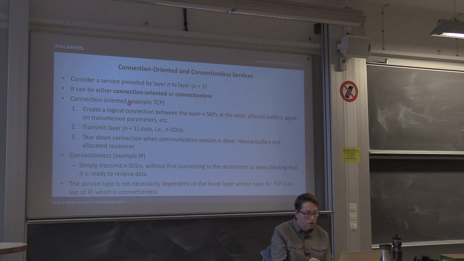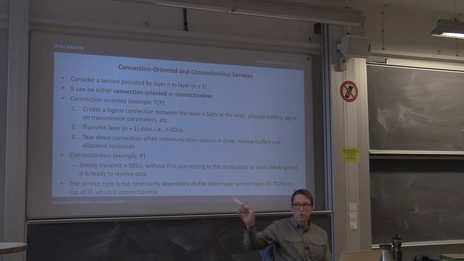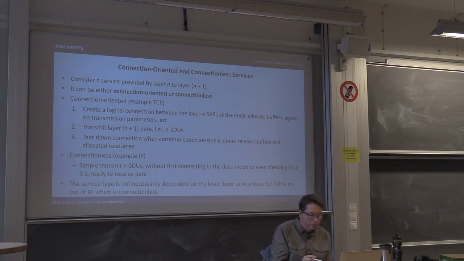So before even sending any payloads, that is data I receive from above, I establish a connection with my peer process at the other end. So I start to talk with the other end first to agree on certain things before I start to transmit actual user data. And user data is the service data unit I get from above.